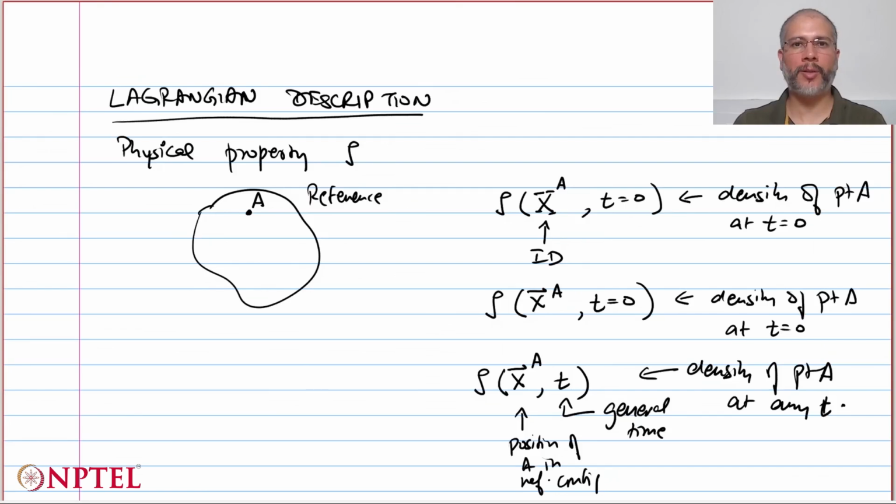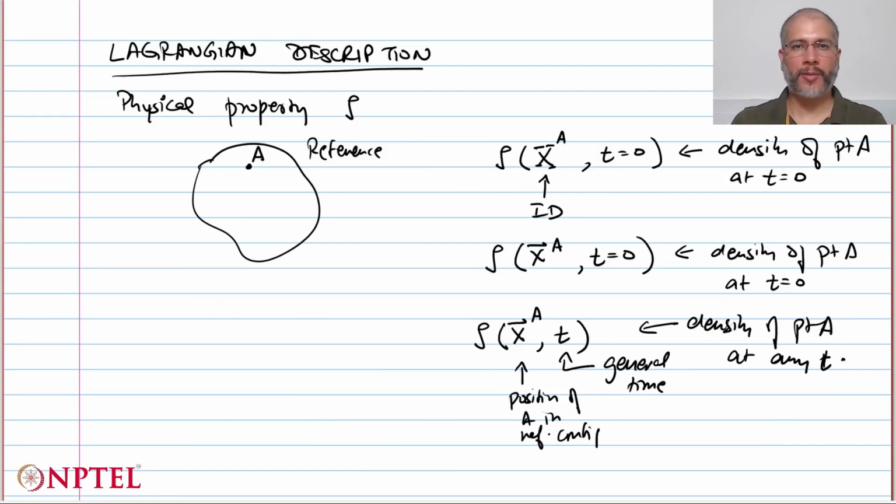So till now we only talked about the positions of particle. Now we'll talk about associated properties of the particles. So if the information about the particle A is of interest to you, then you are tracking its properties, in this case the density, as a function of time.